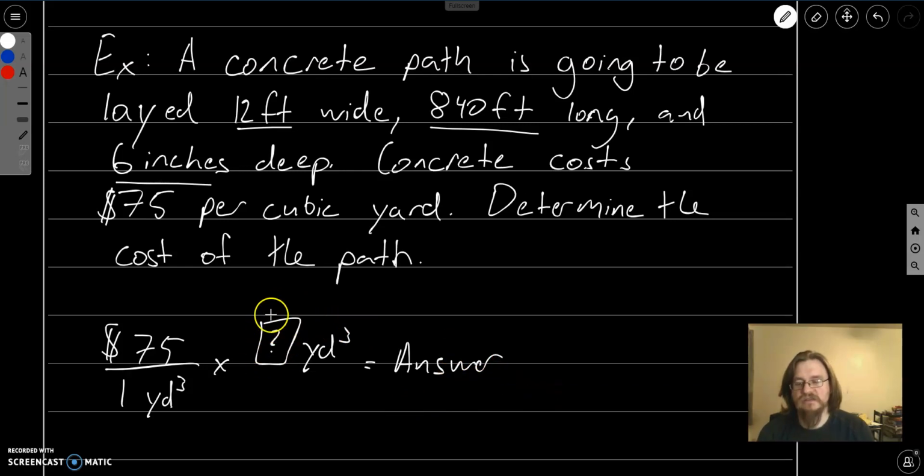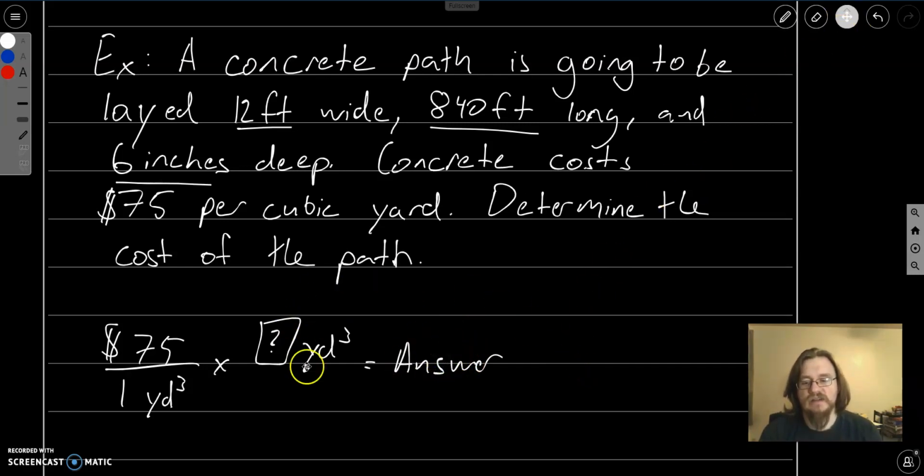If I take $75 per 1 cubic yard and multiply that by the number of cubic yards of concrete I need, I'm going to know exactly how many dollars the path will cost.